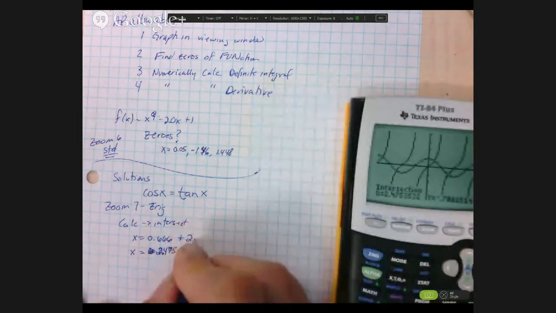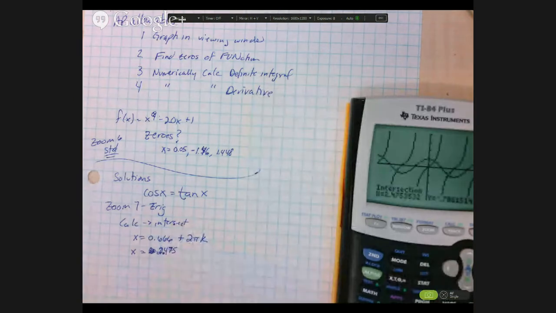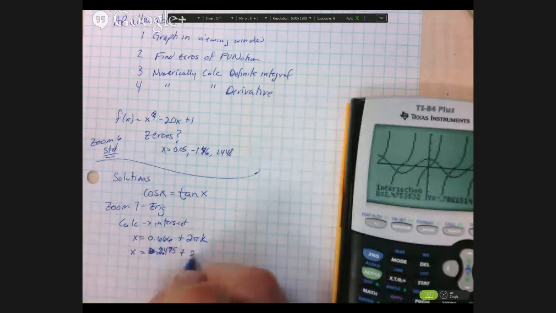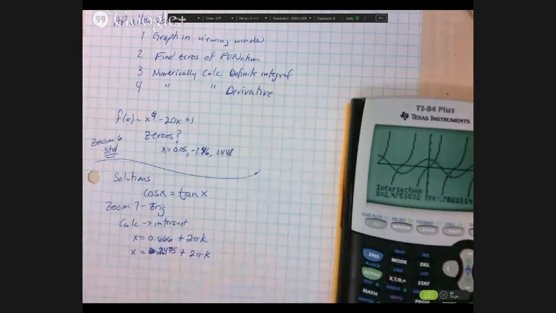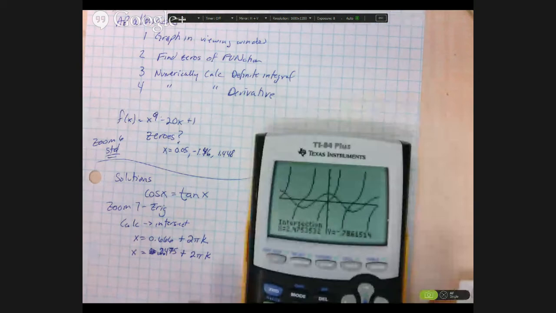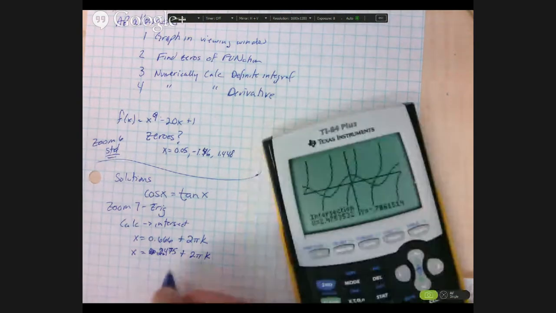So it's 2.475. Every 2 pi is when this repeats. So you'd write 0.666 plus 2 pi k, where k is an integer.